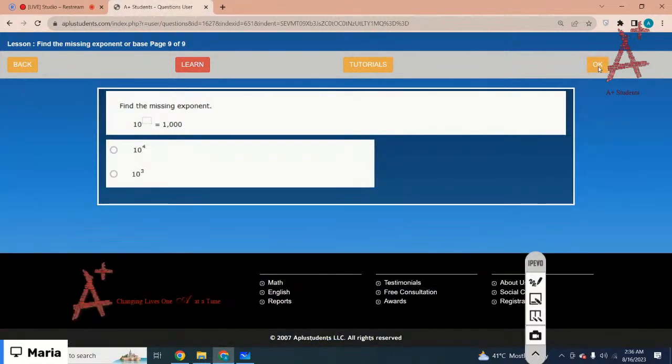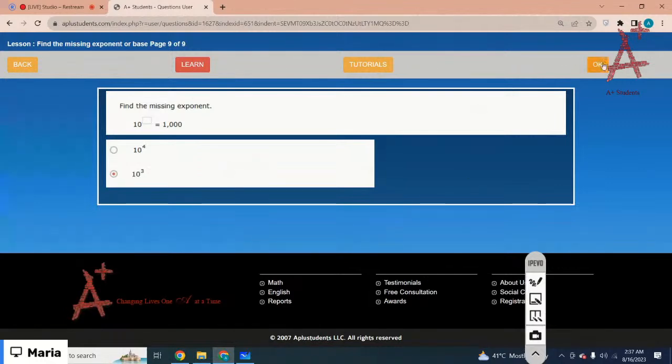Which is the correct option? Yes, it would be 3, right?